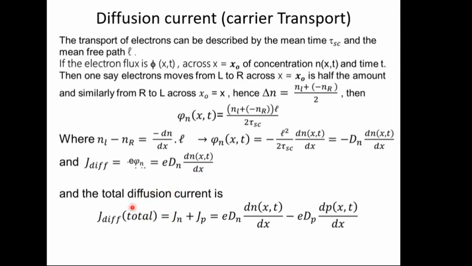In here, if I'm talking about the total diffusion current, including the holes and the electrons in a semiconductor material, then it is e D_n dn of x, t by dx minus e D_p dp of x, t by dx. The minus is here because the flux for holes has a negative sign, but the charge is positive, so the minus sign stays in the equation.